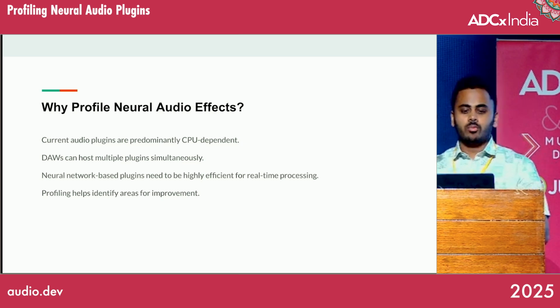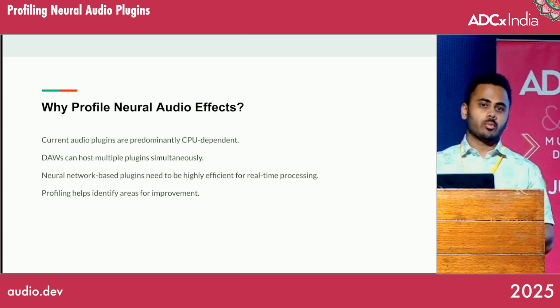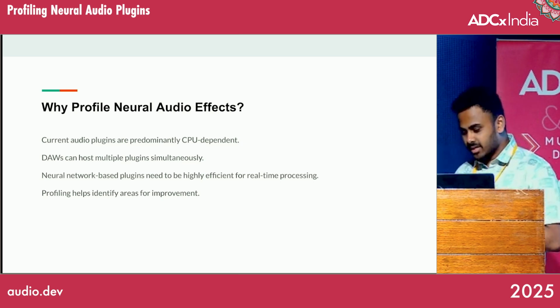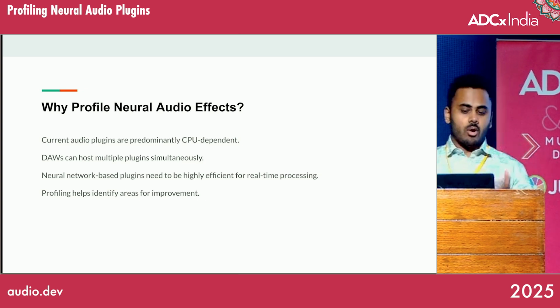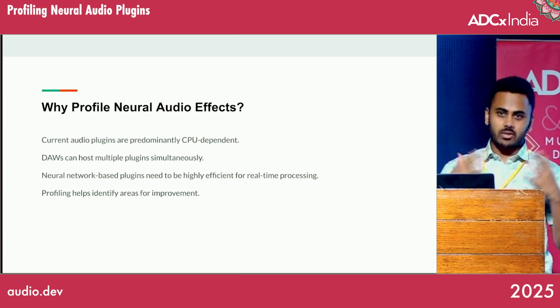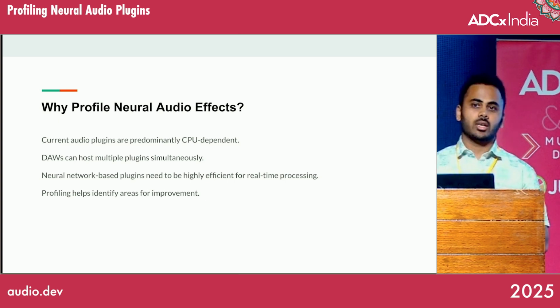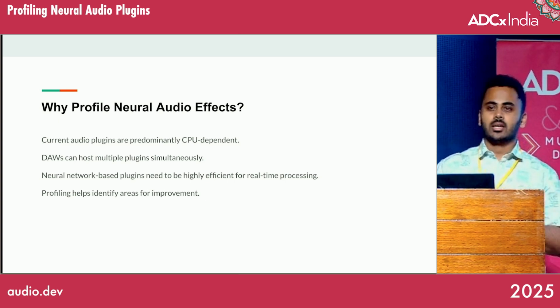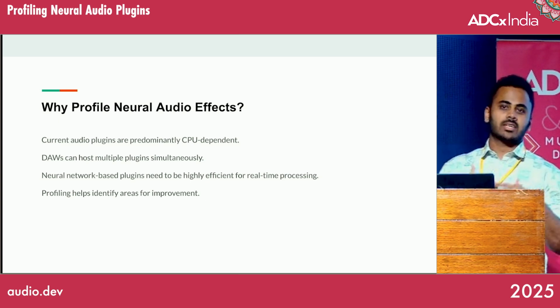And why would we want to profile neural audio plugins? One of the main reasons is that currently, audio plugins are predominantly CPU dependent. Even though there's been an explosion of machine learning, the DAW ecosystem hasn't really changed.